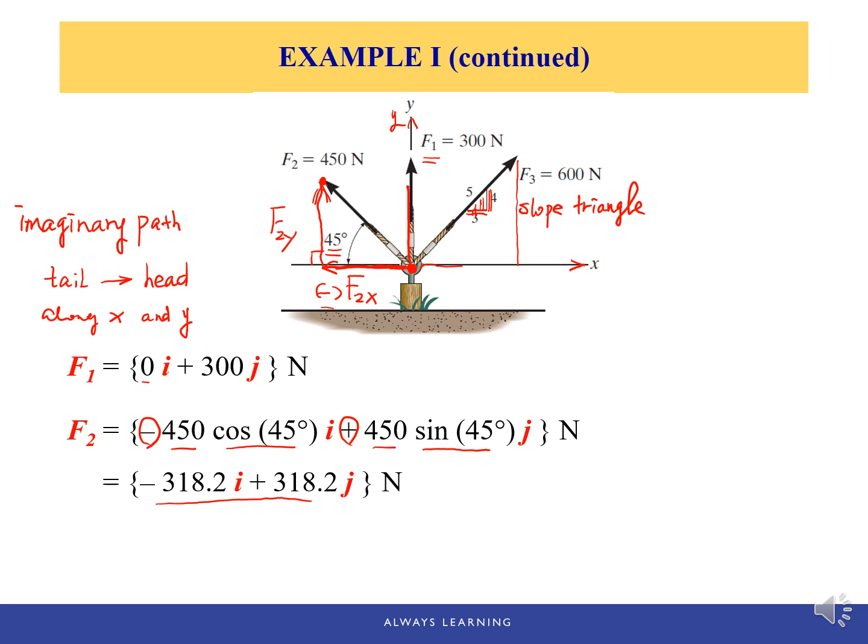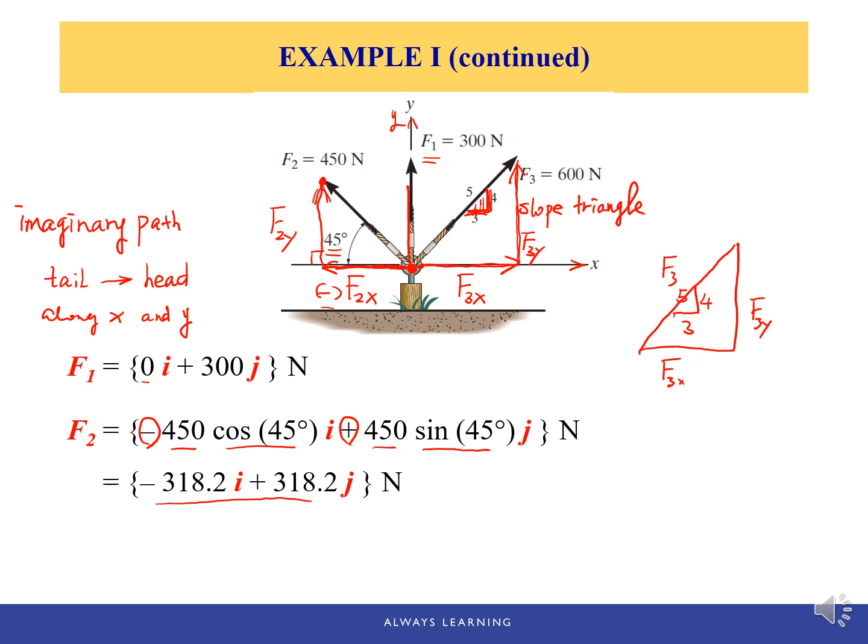Okay, if we do the imaginary walk again, this is F3x, which is positive, and F3y, that is positive as well. So the bigger triangle made up by this F3x, F3y, and F3 is similar to this slope triangle, which has the size of 3, 4, 5.